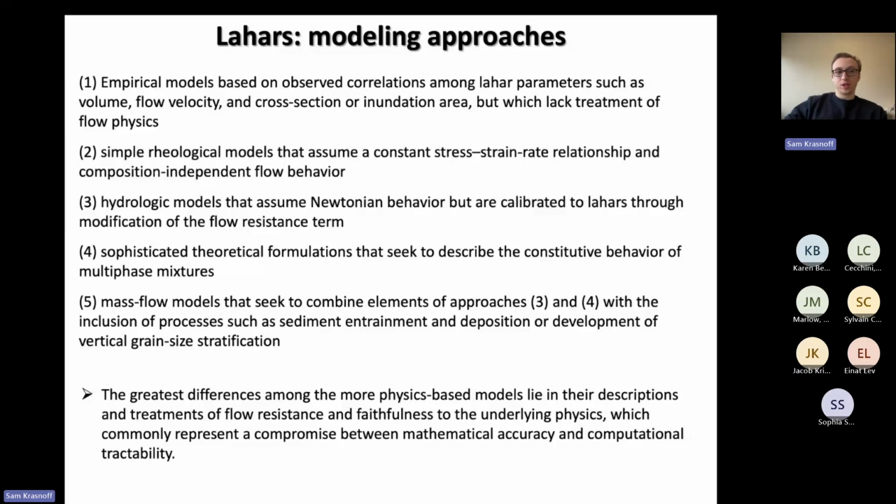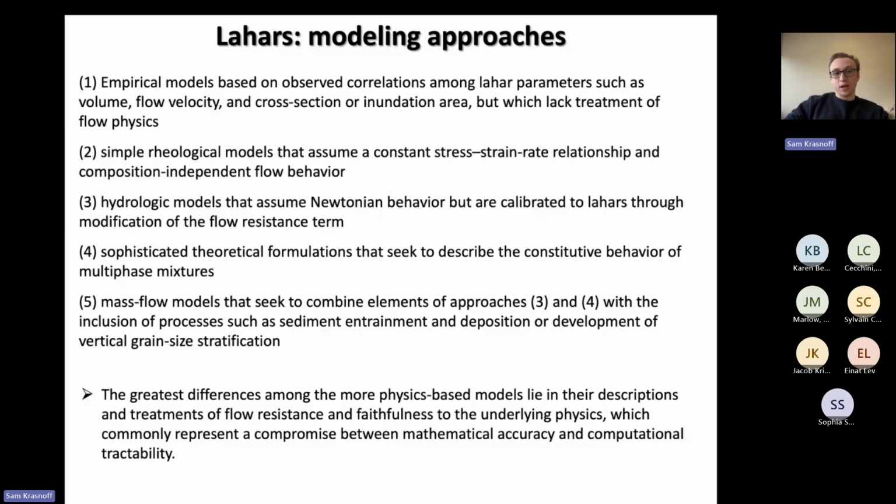Then there's models that go towards the hydrological side. They focus more on the liquid phase or liquid portion that assume more Newtonian behavior, but can be calibrated to lahars and debris flows a bit more through the modification of the flow resistance.